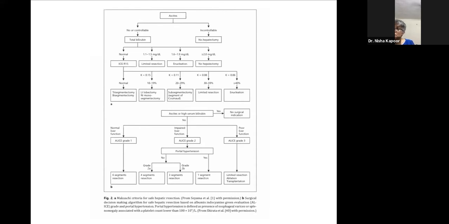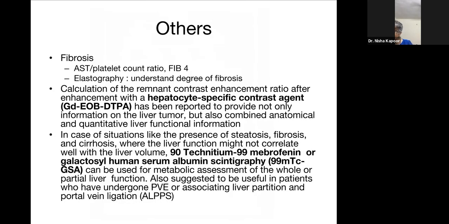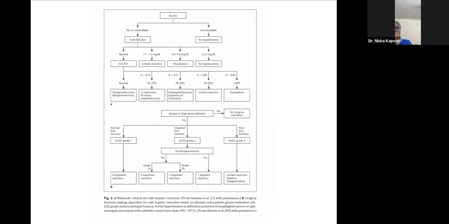And of course, if the bilirubin is more than 2, then no hepatectomy is advised. Depending on the various bilirubin levels, and if ICG R15 is normal or has varying levels, these are the surgeries which can be recommended. And in the ALBI grading also, you have the 3 grades: grade 1, grade 2, and grade 3, which again will tell us the extent of hepatectomy, what kind of liver surgeries can be done for the various 3 grades.